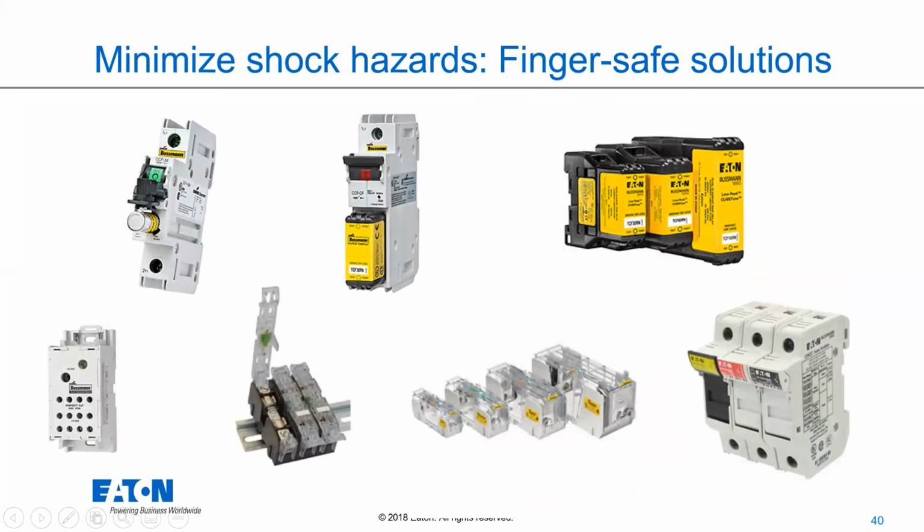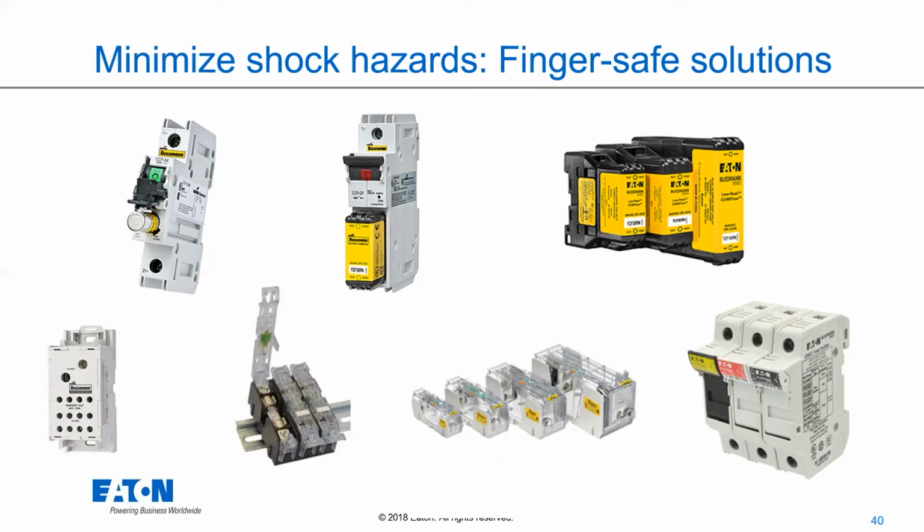And again, more finger safe solutions. So there's that cube fuse solution. You've got finger safe power distribution blocks. You can see those types of fuses that do have the covers. The one second from the left on the bottom is nice because the cover is still attached, right?